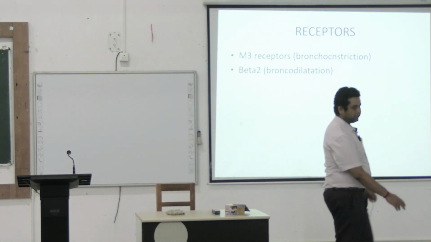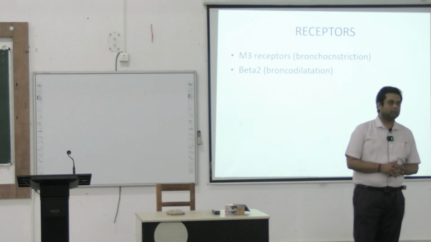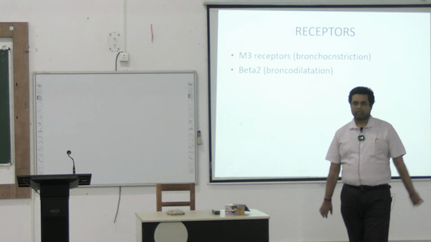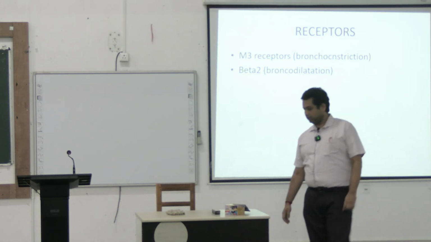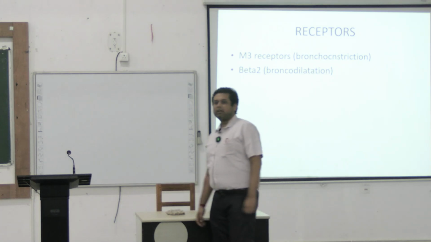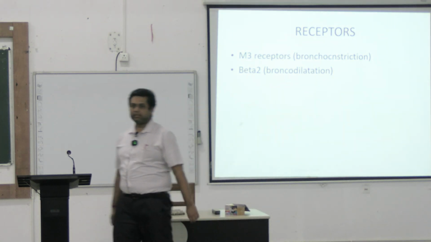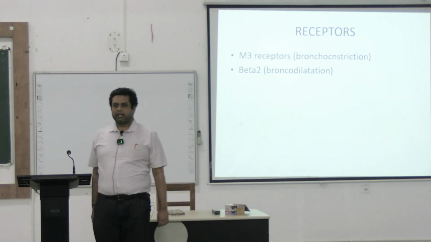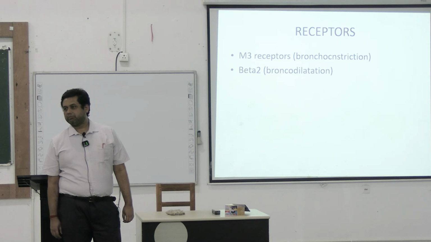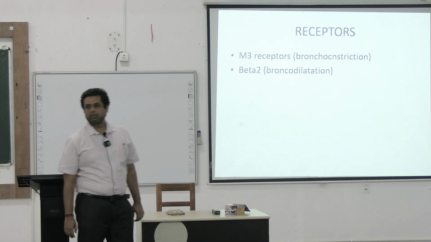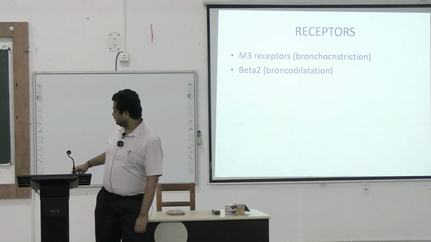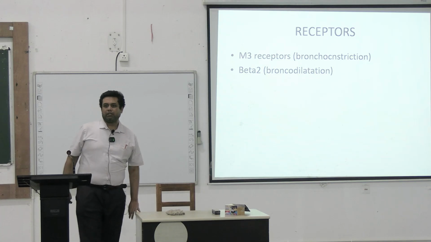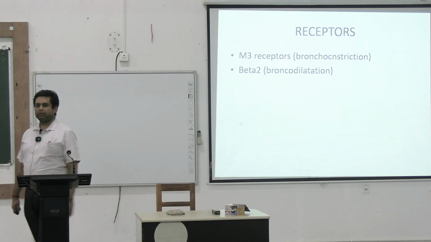Bronchodilation. But where is the ligand coming from? The ligand is coming from the adrenal gland, which produces adrenaline that acts on the beta 2 receptor. So there is no innervation, but the receptors are activated.